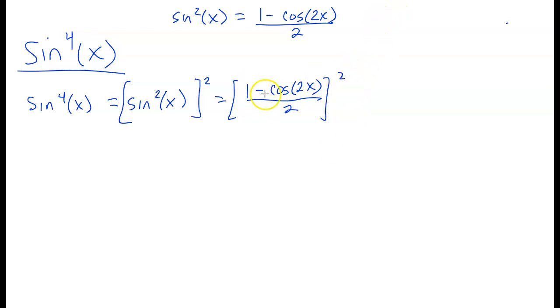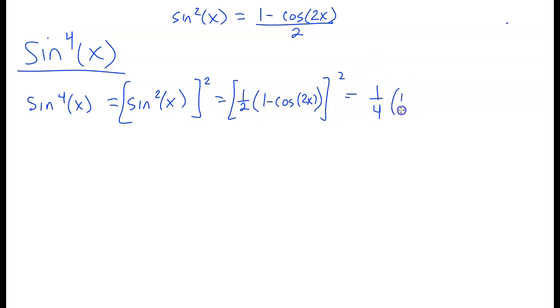And note that there is an understood 1/2 that's in here. So if we want to, I'm going to rewrite this another way. We could actually write this as just 1/2 times 1 minus cosine of 2x. And so if we do that, we know via exponent properties, 1/2 squared would be 1/4.